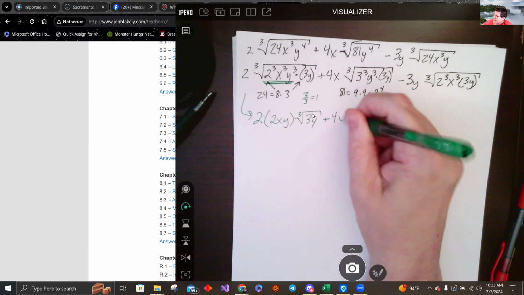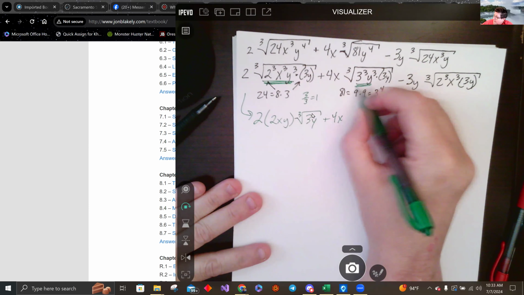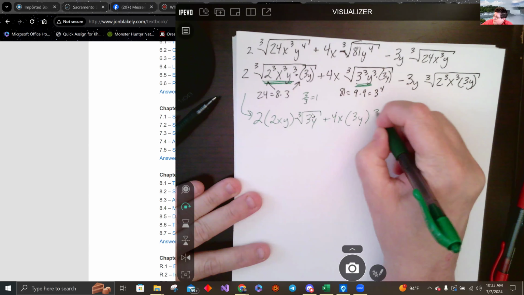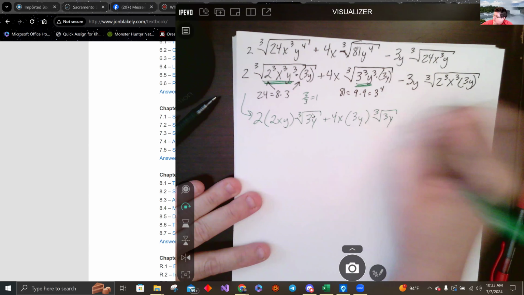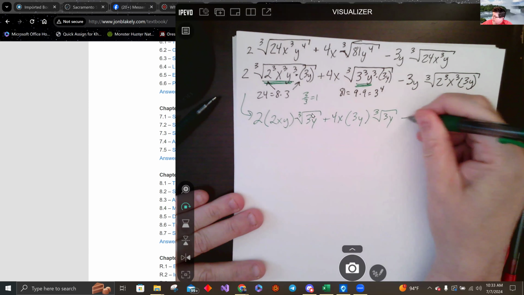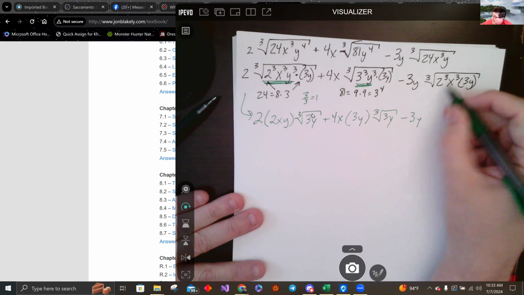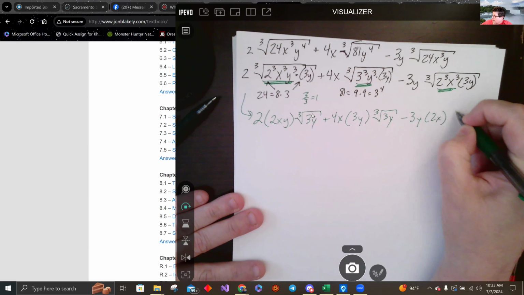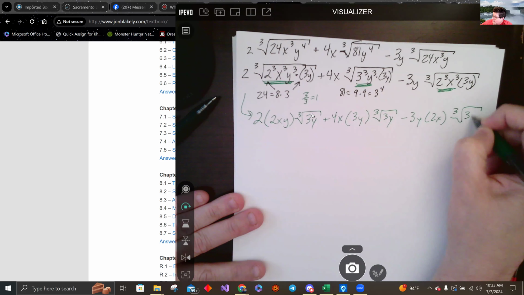And here we have 4x. These come out as 3y times the cube root of 3y. And here we've got minus 3y. These come out as 2x. And we're left with cube root of 3y.